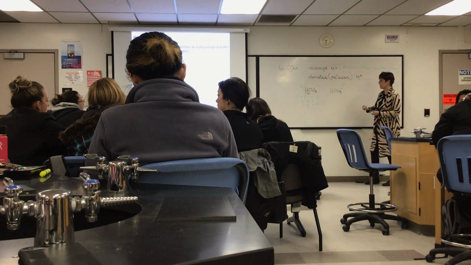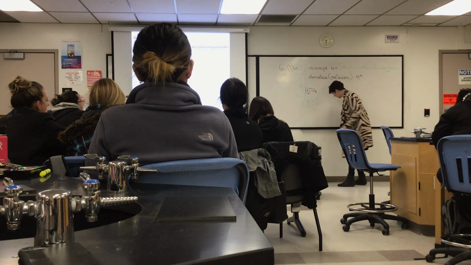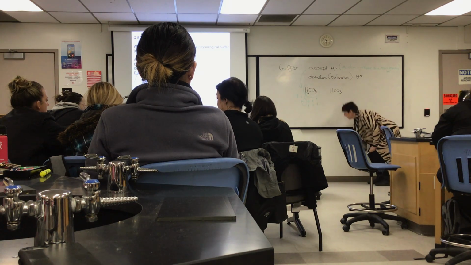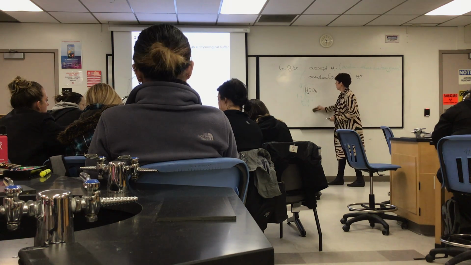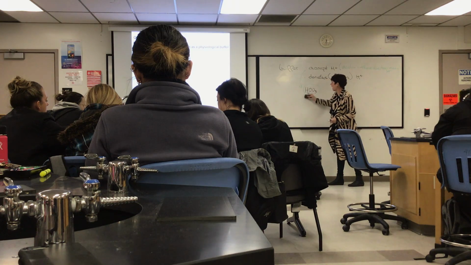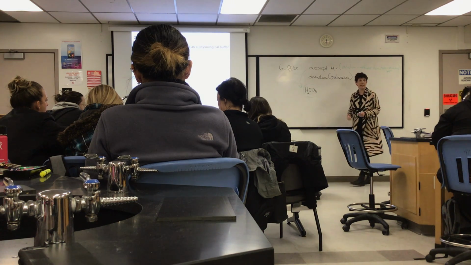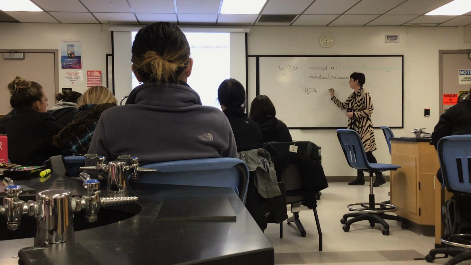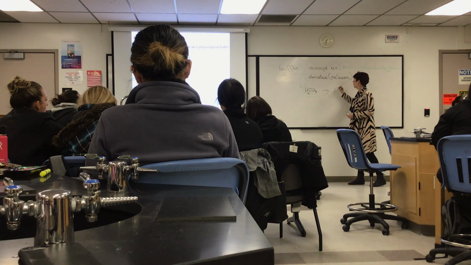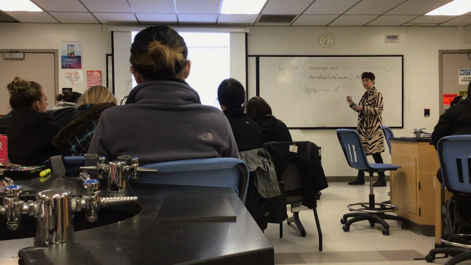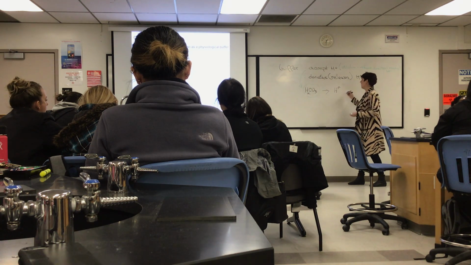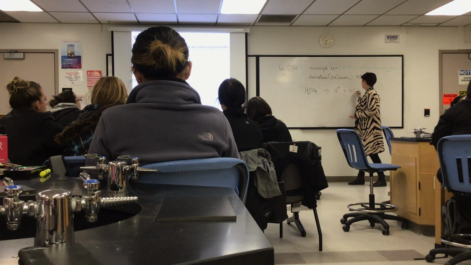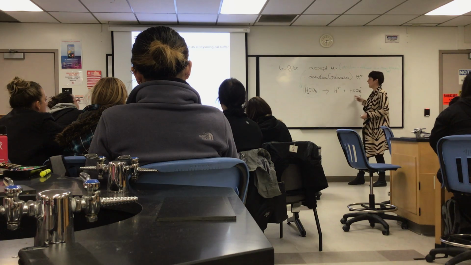Now, if we take that same molecule and we put it in a condition where there are not enough hydrogen ions and our pH is too high, then this is going to release a hydrogen ion to lower the pH and make the environment more acidic. And it would exist in this condition.